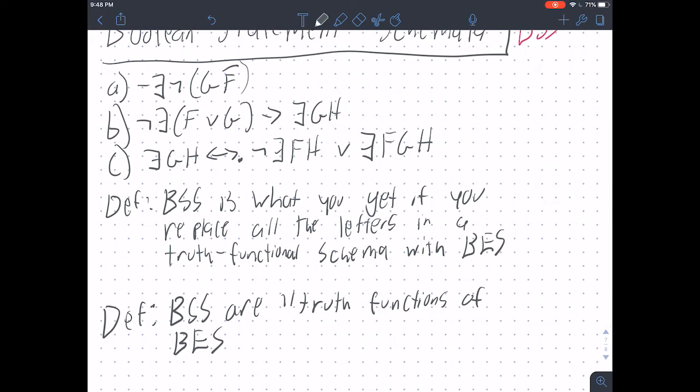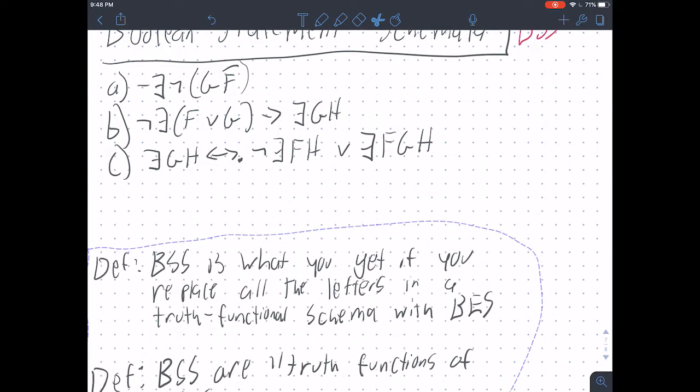Okay, again, that probably still confuses you a little bit, but let me show you what I mean with these examples up here.